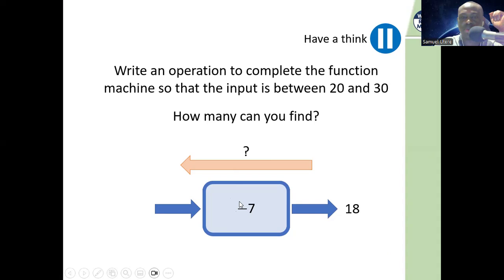So for example, if the input was 20, we can say 20 minus 3. That will not give us 18. But remember, the inputs can be between 20 and 30. So it can be 21 minus 3. So it can be any of those.